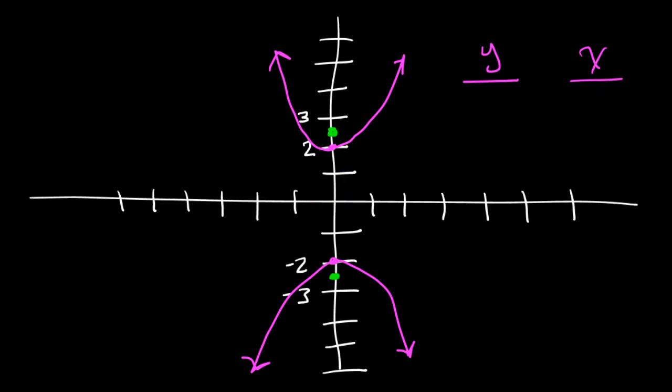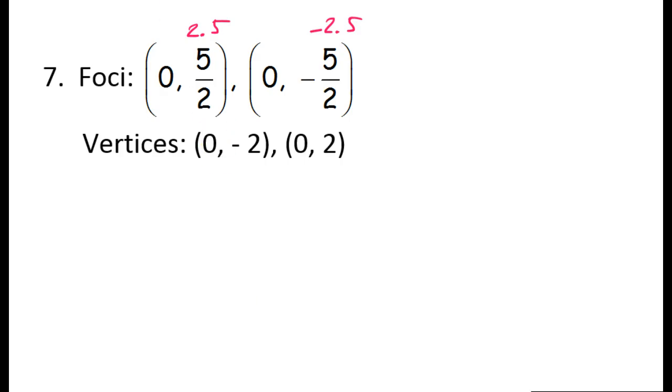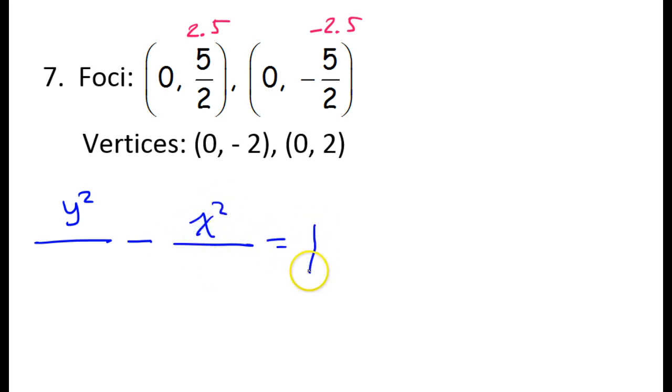Because of symmetry, I know that the center is going to be at 0, 0, right in the middle of this, which tells me that it will just be y squared and x squared. There won't be any y minus 3 squared or anything like that because it's 0. So I'll have y squared and then x squared. So let's go ahead and start to build our answer. So we should have y squared over something minus, and then we'll have x squared over something, and it's always going to be equal to 1.